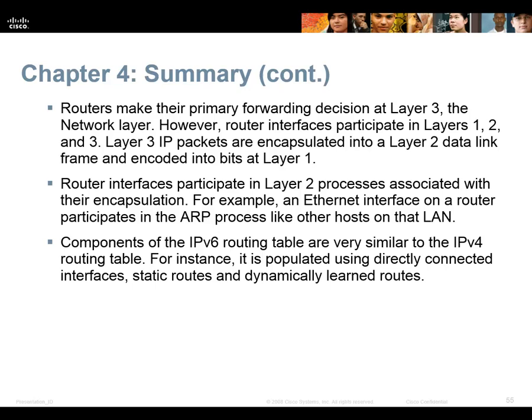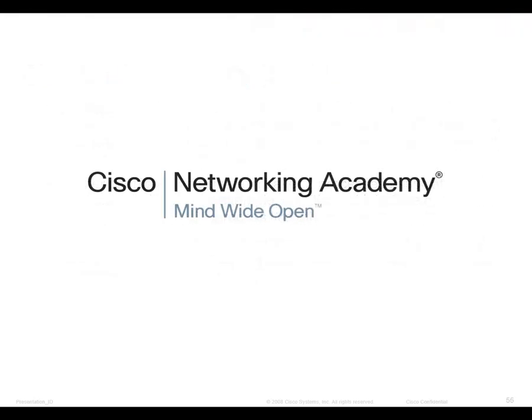The example they give is that an Ethernet interface on a router participates in the ARP process just like other hosts do on that LAN. And then IPv6 routing is similar, except you're dealing with huge routing tables and some different protocols for those routing tables. And that is a rundown on routing.